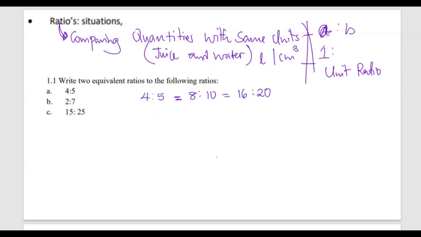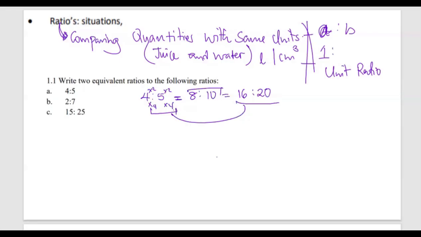You see that? These are equivalent ratios. All I did was multiply by 2 on both sides. Again, for the second one, I multiplied through by 4. So this one here gives me this. And when I multiply by 2, I end up having this.